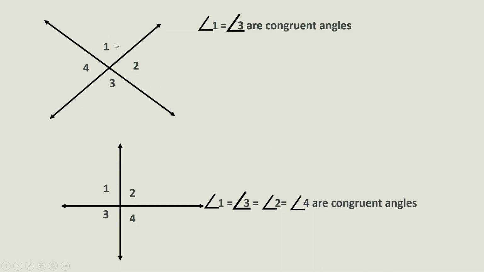In this figure, angle 1 and angle 3 are congruent angles because they are both vertical angles. In this figure, angles 1, 3, 4, and 2 are congruent angles because they are all 90 degrees.